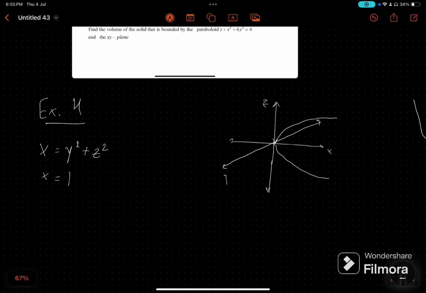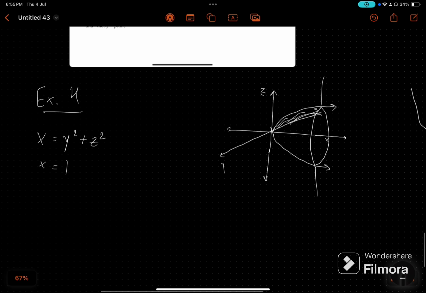Now this is our paraboloid, this is in 3D, this is not a parabola again. I'm insisting this is a paraboloid. If you cut it from this side, it's going to look like this. Repeat after me: paraboloid.